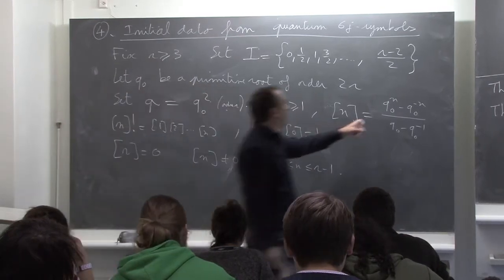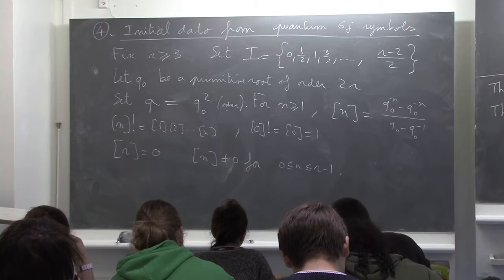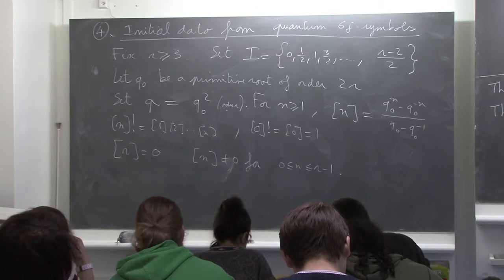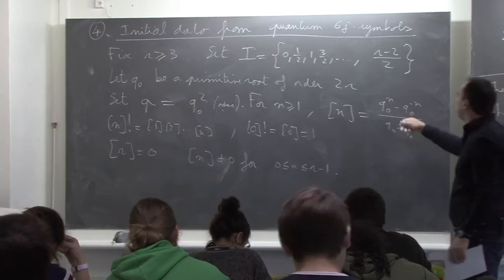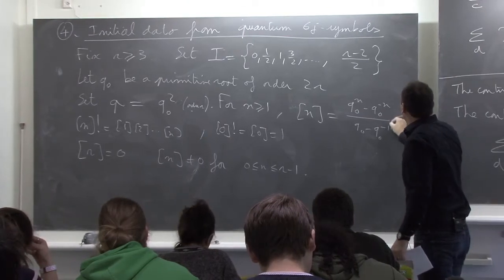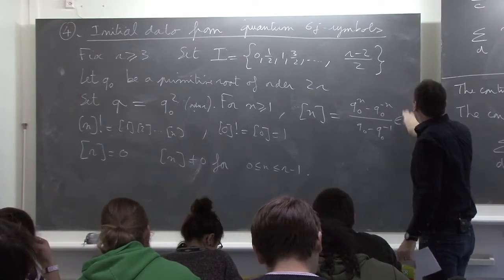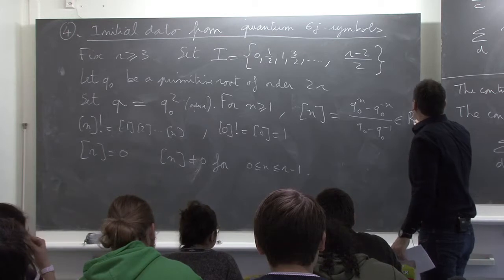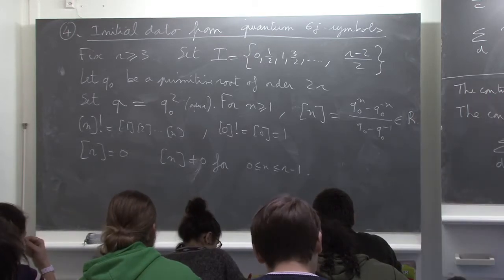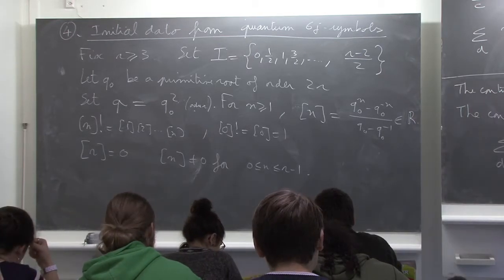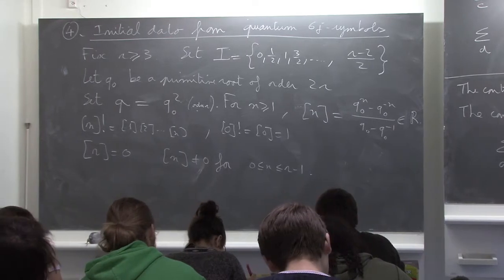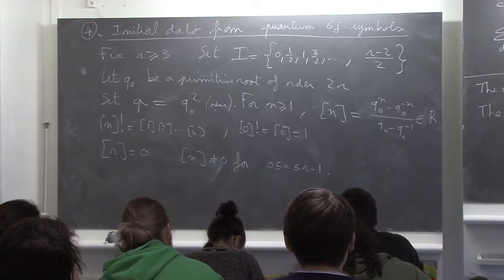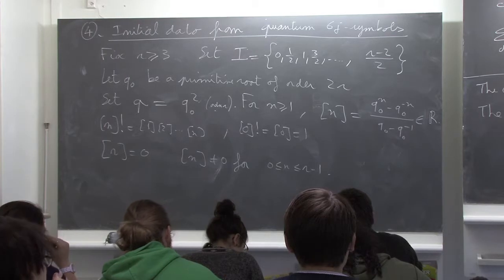And because q0 has order 2r, you can notice that this is not only a complex number, but it is a real number. It is the quotient of 2 sines.